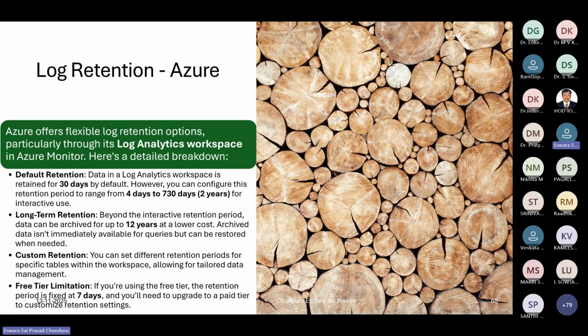Azure provides a capability for 12 years of retention and archiving at a lower cost compared to AWS. And these logs can be immediately available for querying or conducting threat hunting or threat intelligence, and they can be restored as and when required. And then custom retention, if you are looking for more than 12 years, accordingly you can configure the data management by using the subscription modes.